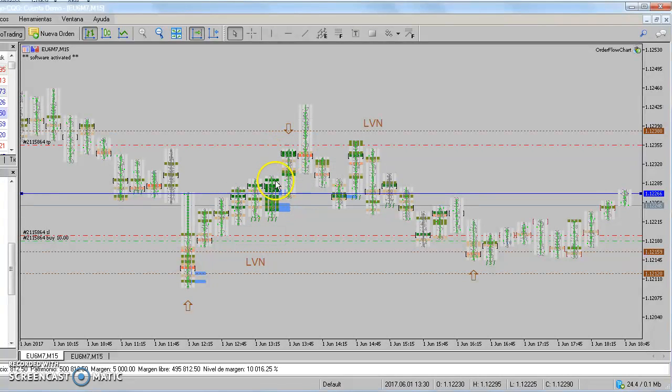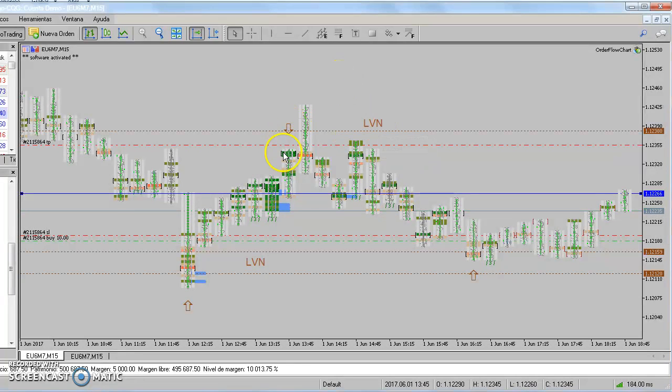There was a lot of buying here, but those buyers are usually retail buyers. At these levels they bought at the worst possible price, because they bought against a low volume node.